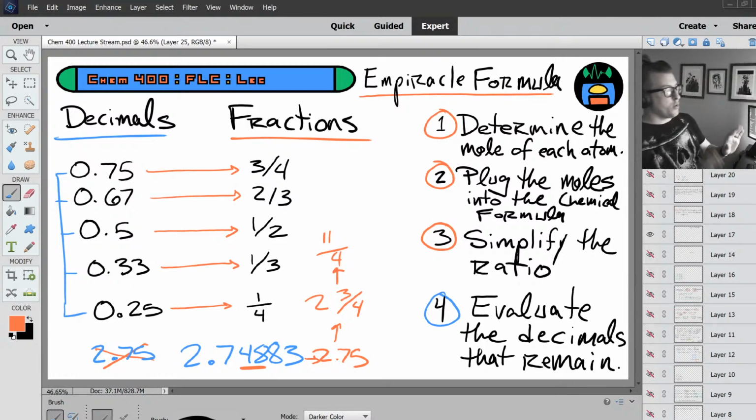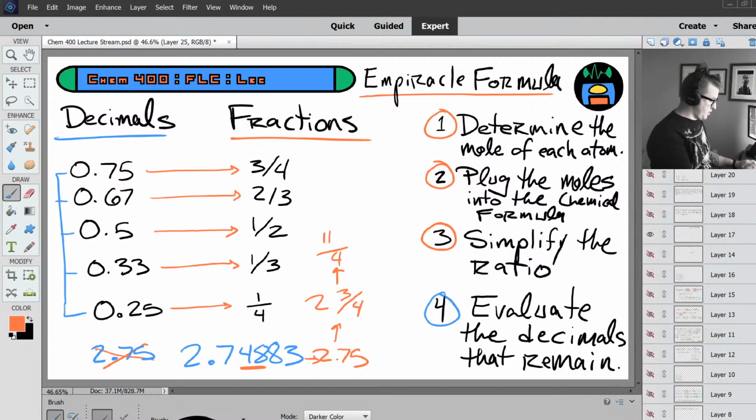Even though the proper way to handle all those decimals would be to do that sort of thing, exactly what you're doing, I will only test you on 0.75, 0.67, 0.5, 0.33, and 0.25. So your handling of it is spot on.